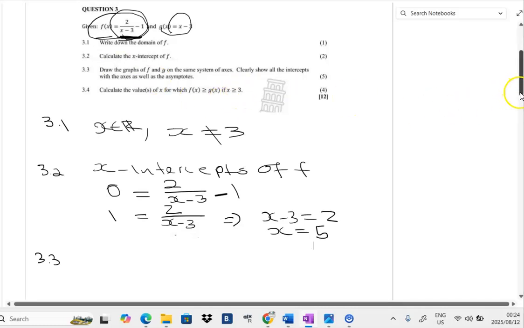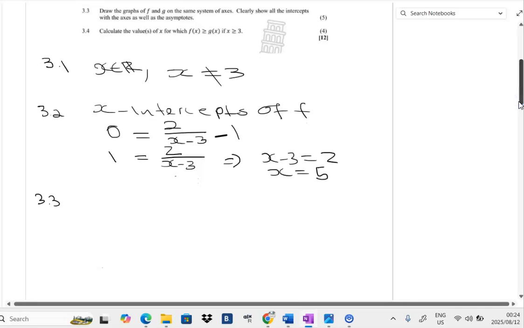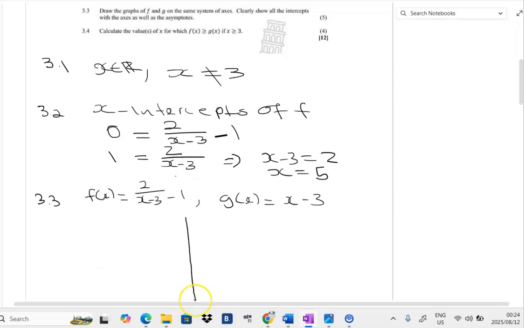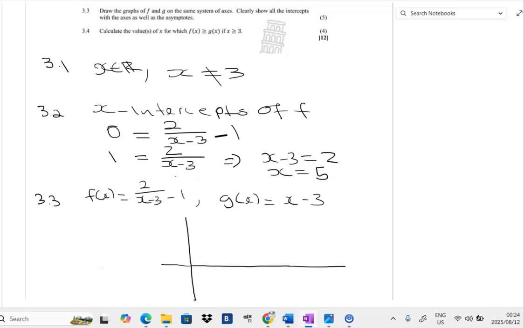Now we are required to draw the graph of f. So we have to draw the graph of f of x, which is 2 over x minus 3, minus 1, and the graph of g of x, which is equal to x minus 3. Okay, let's draw our Cartesian plane. Very important, we also name our axes and our intercepts.